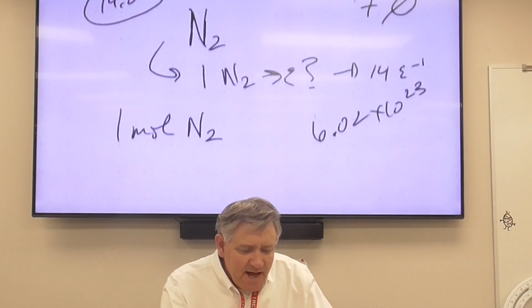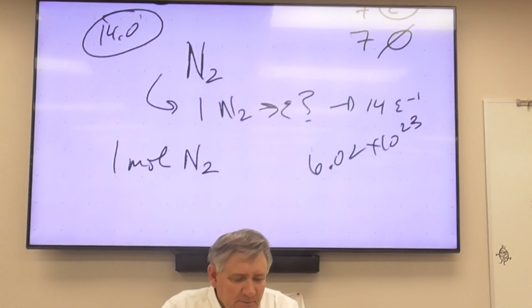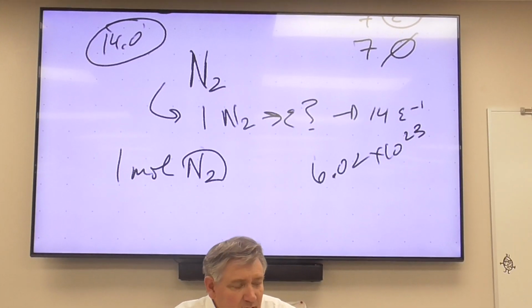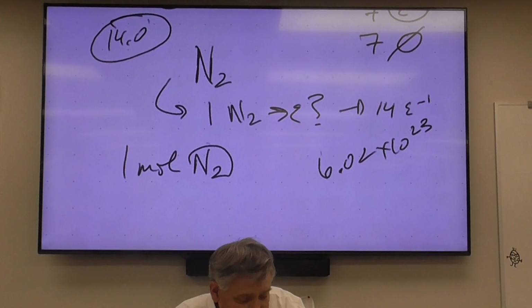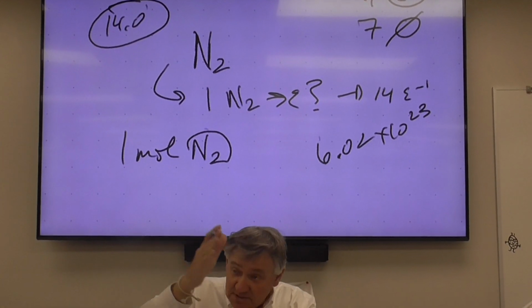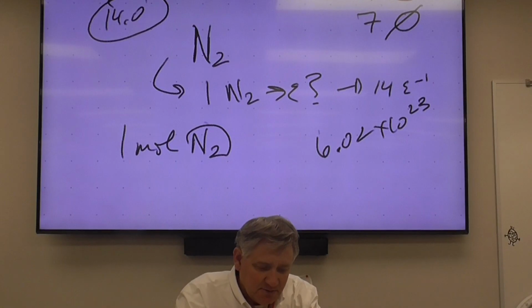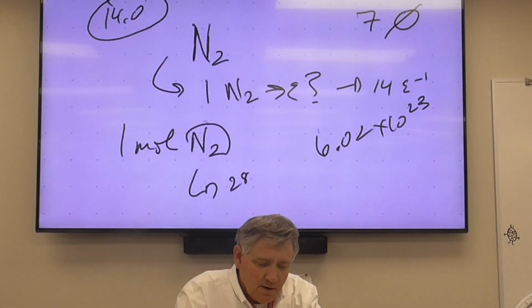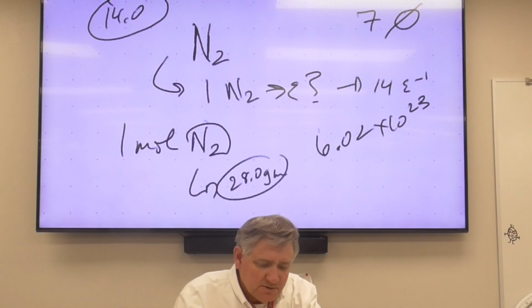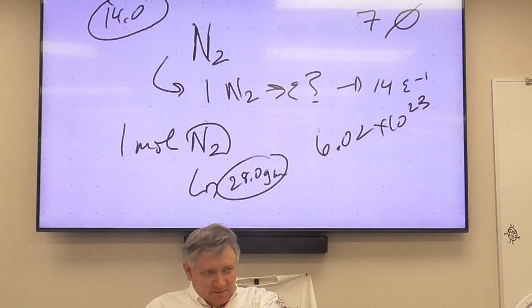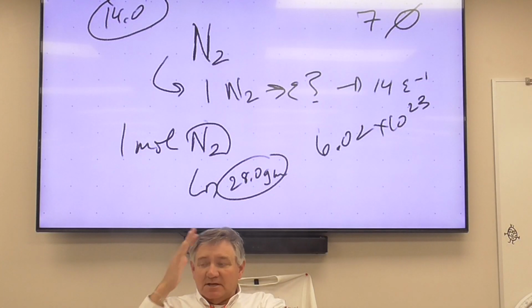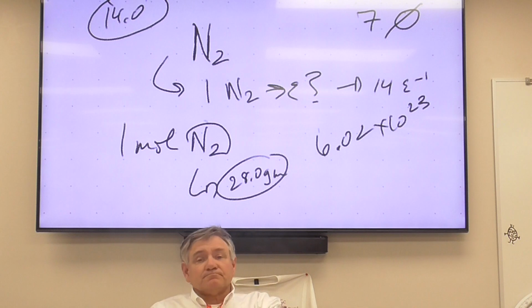If you look at the relative atomic mass of a nitrogen molecule, each atom is 14, multiply that by 2, you get 28 grams per mole. So the reason that it's 6.02 times 10 to the 23rd, literally, is this.